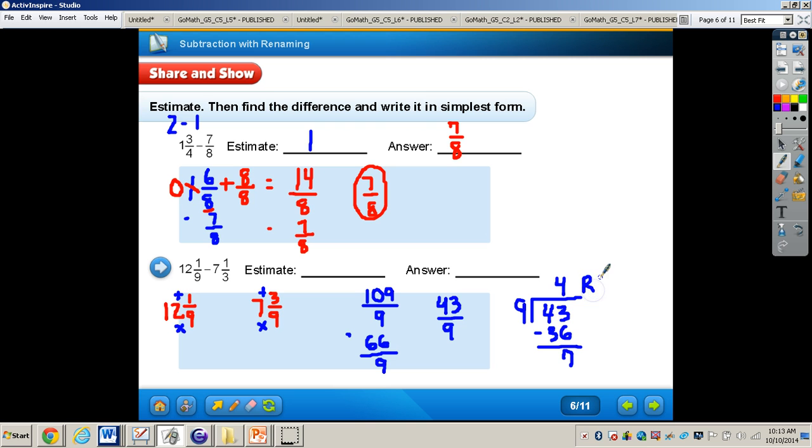Now my remainder is my numerator, and I always think about this as the R stands for right on top. Okay, my whole number is my quotient, so 4, 7 goes right on top of my fraction. Denominator stays the same for a total of 4 and 7/9. It is very important that you change that improper fraction back to a mixed number.